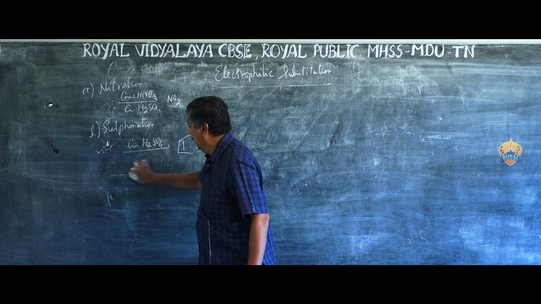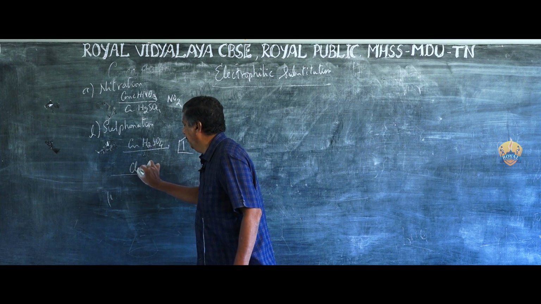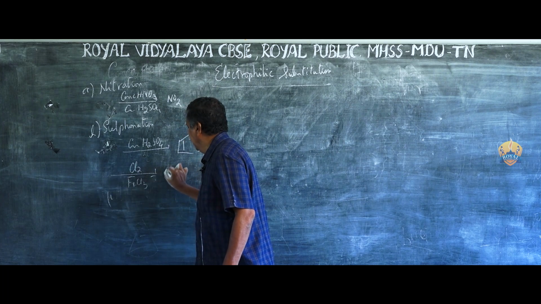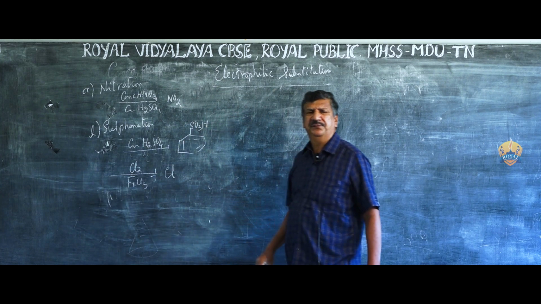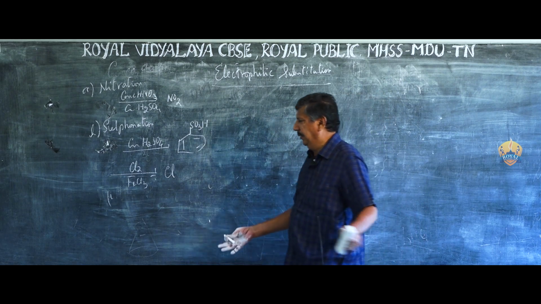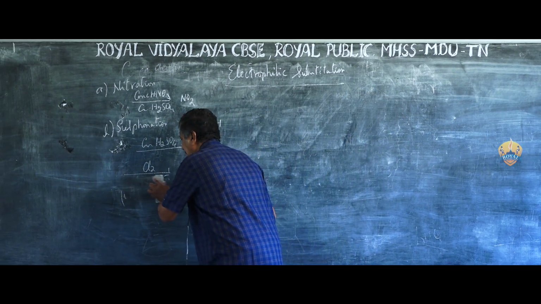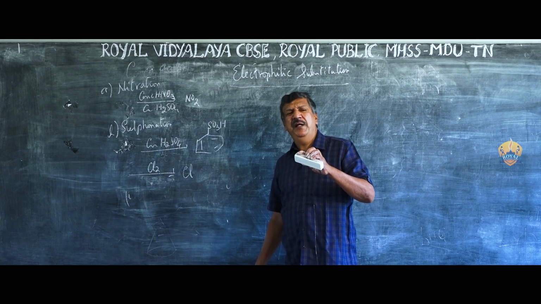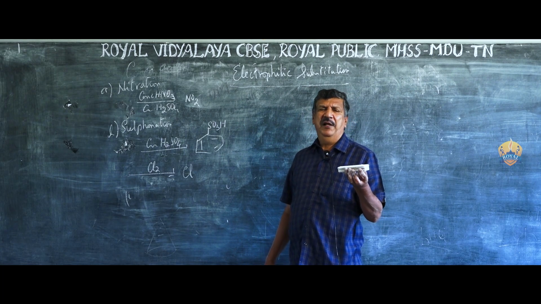Then, when you treat with chlorine using a catalyst, Cl will be introduced. Of course, the catalyst depends upon the compound. I cannot write firmly chlorine, FeCl3.